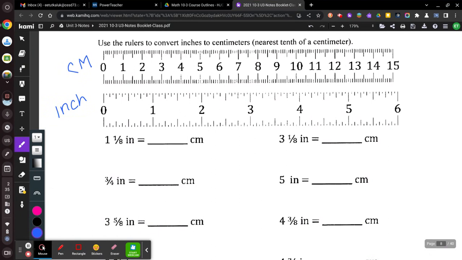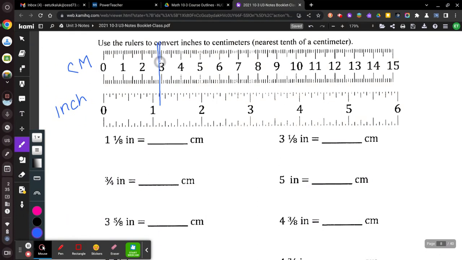So this one says 1 and 1 out of 8. So here's my 1, and this guy here is 1 out of 8. That's my number. So now I'm going to draw straight up from there, and I'm going to see the number I get to. I think I went a little bit crooked there. So you would have your number coming up right there.